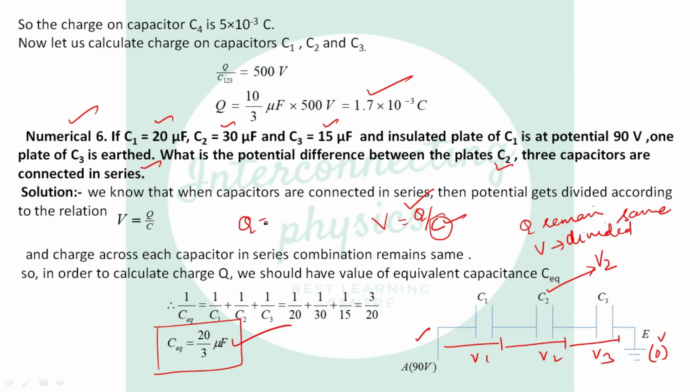Charge is Q equal to C into V. We have calculated C. What is V? Total potential from A to E is 90 minus 0, which is 90. So the charge is 600 microcoulomb. 600 microcoulomb will be the charge present on each capacitor. Why each capacitor? Because in series combination charge remains same.